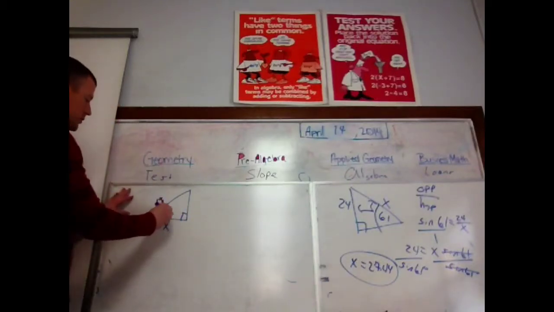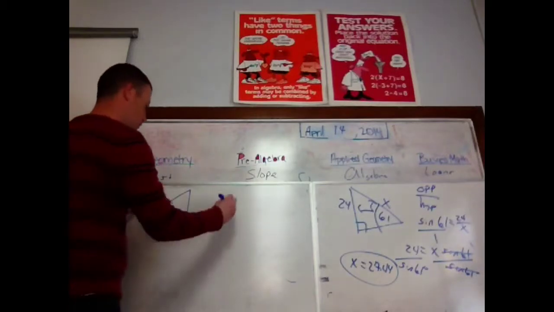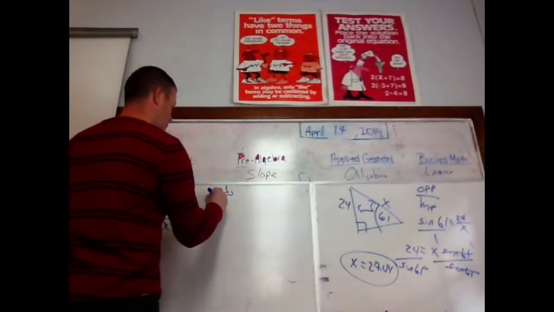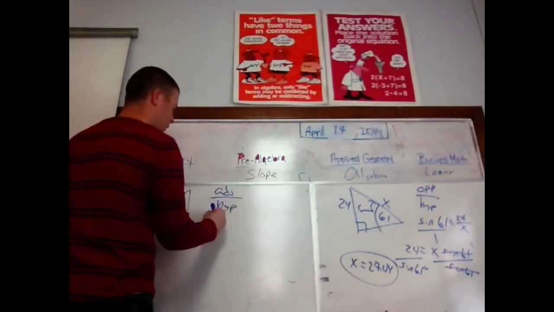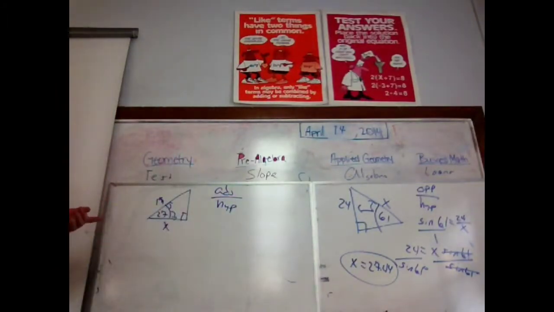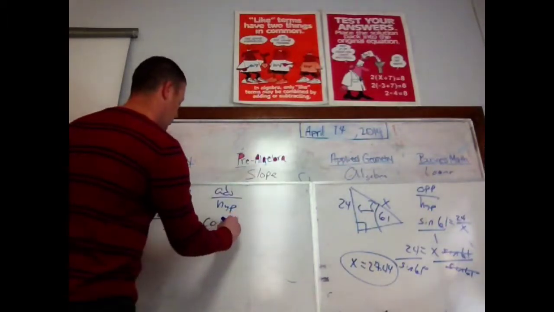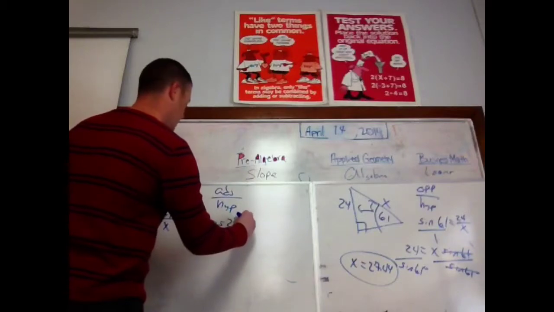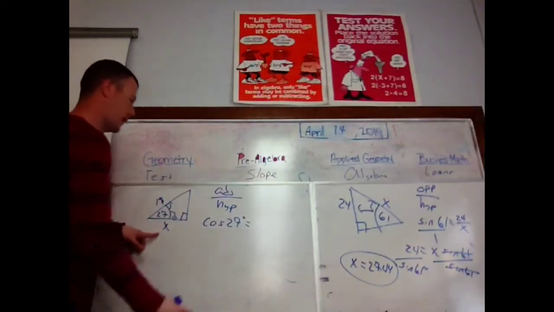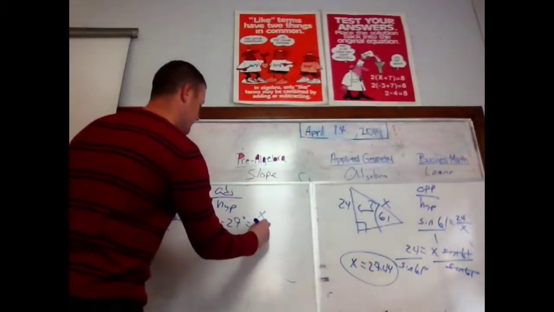So, if we look at this, we have adjacent over the hypotenuse. If you remember, adjacent over hypotenuse is cosine. So it's cosine 27 degrees equals, well, the adjacent is x over 19. Alright?